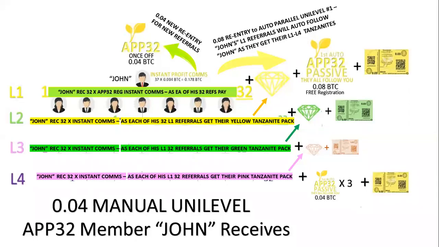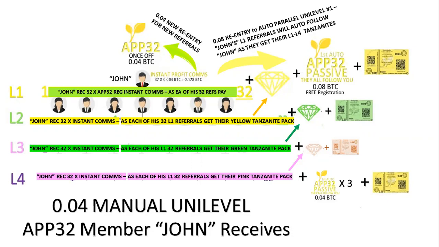As soon as you've got your 32 referrals on level 1, you get a yellow Tanzanite automatically registered in your Adshare business, in your name. So now you've got a yellow Tanzanite in the Adshare business, or the Adshare structure, that force matrix structure, and that happens automatically.